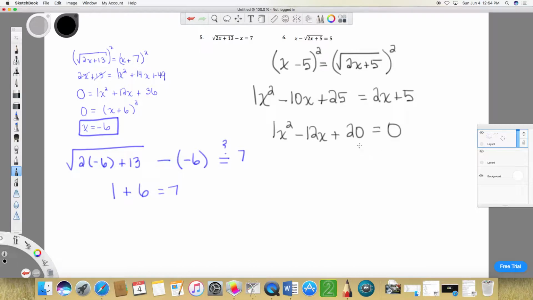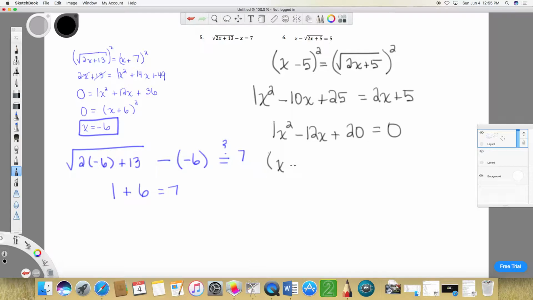And now I want to try and see if I can factor this. Now, two numbers that multiply together to give me 20 but add together to give me negative 12, I don't see it. Oh, yeah, I do. Negative 2 times negative 10 is positive 20, but when I add these together, I get negative 12.